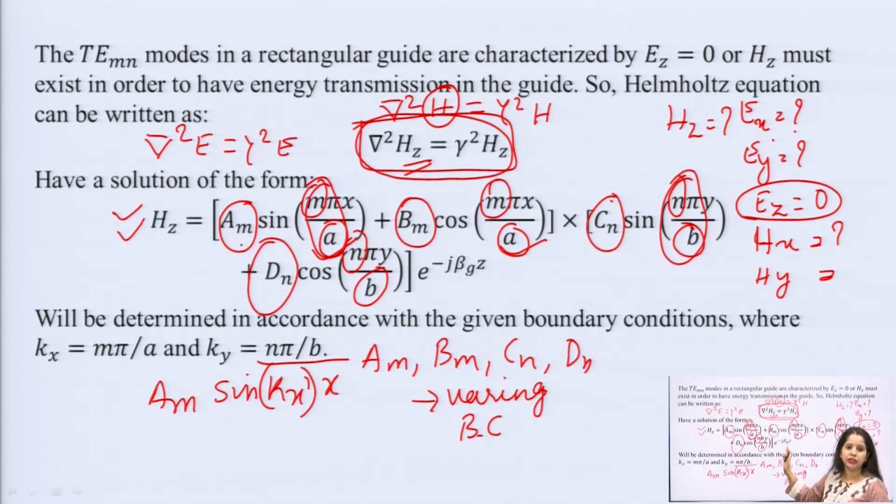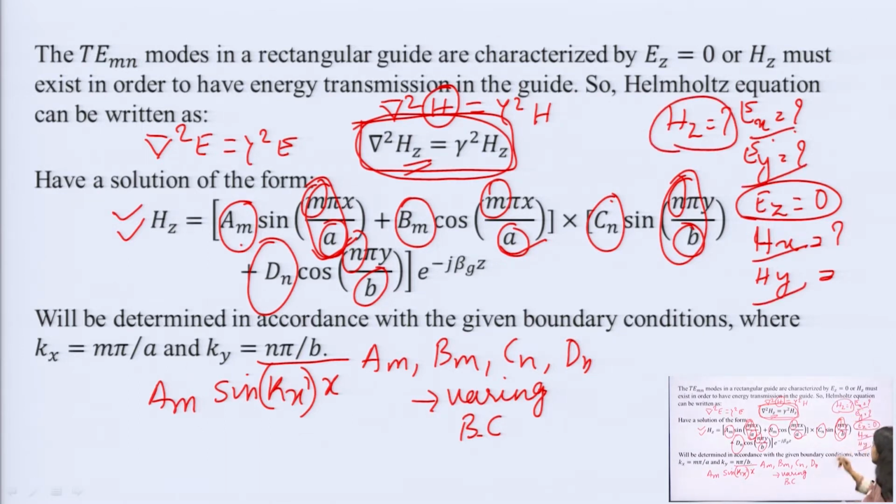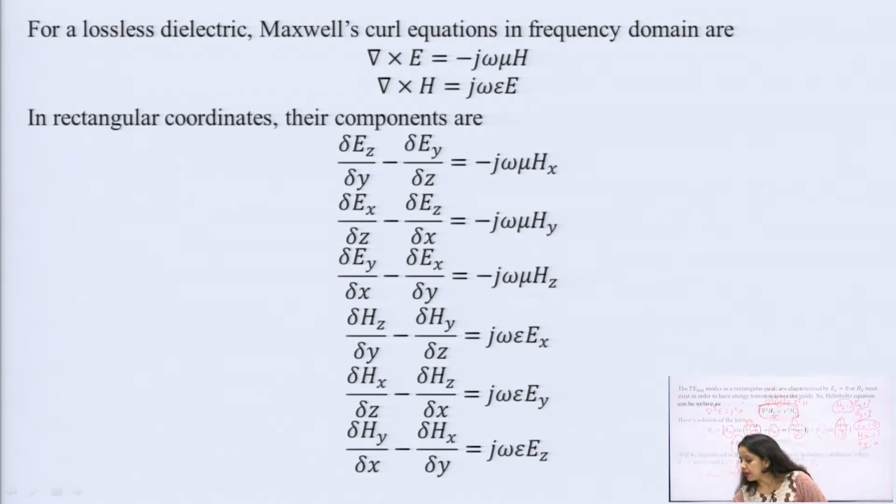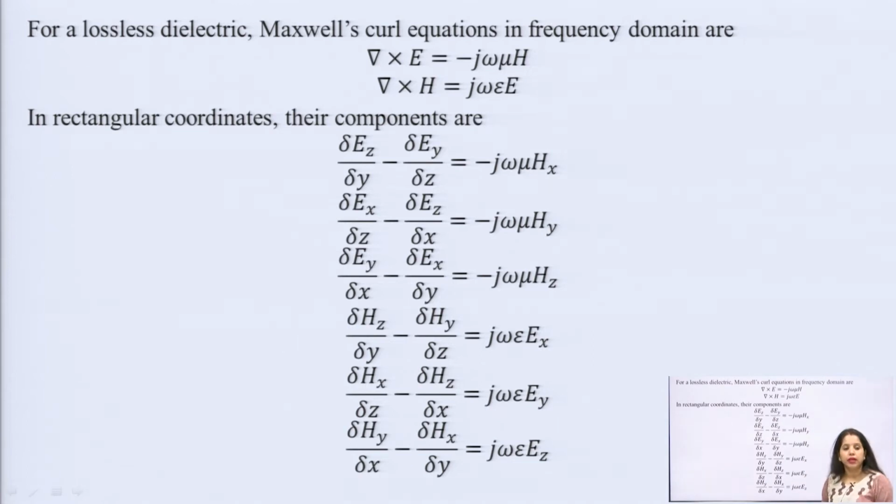Now, from this wave equation, what have we derived? We have calculated the value of Hz only. So, we have to calculate Ex, Ey, Hx, Hy. The first value Hz is now with us. We have to just calculate the value of Am, Bm, Cn and Dn, but a rough value is available with us. So, for calculating the rest of the expressions, we now have the Hz value available.